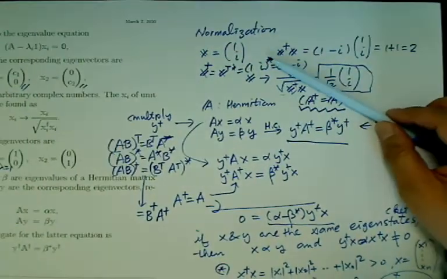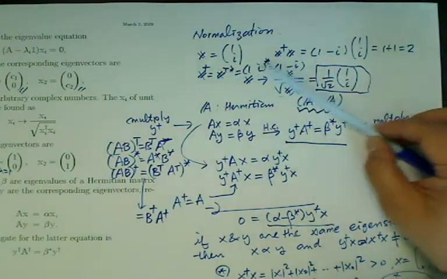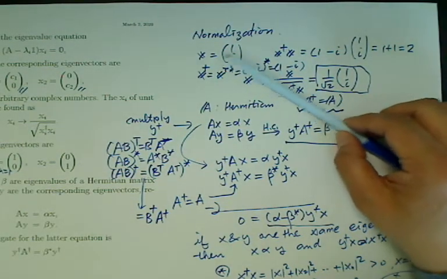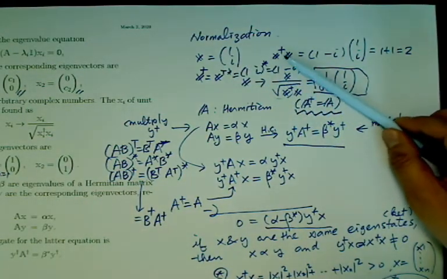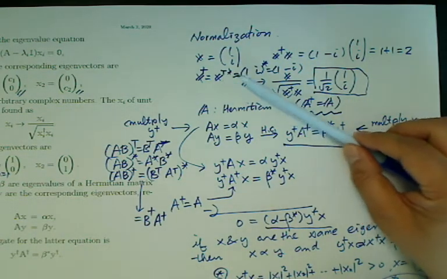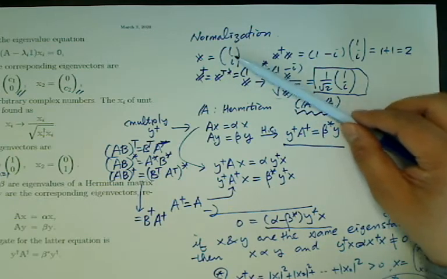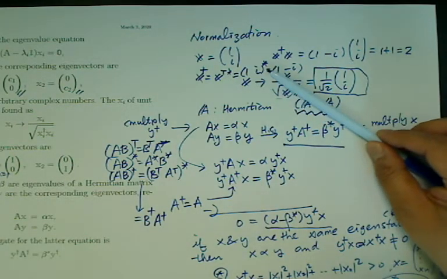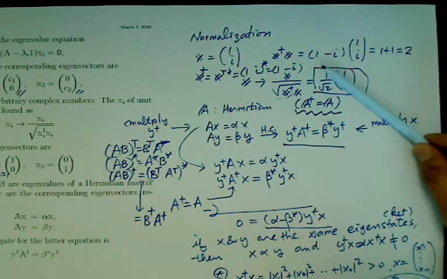If the eigenvector is complex, then we can consider the normalization. First, what we need to do is take the Hermitian conjugate. Hermitian conjugate means the transpose and complex conjugate. The transpose is (1, i), and then we take the complex conjugate to find (1, minus i) here.